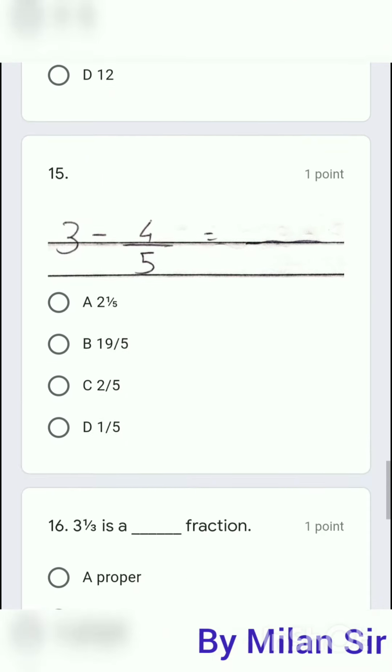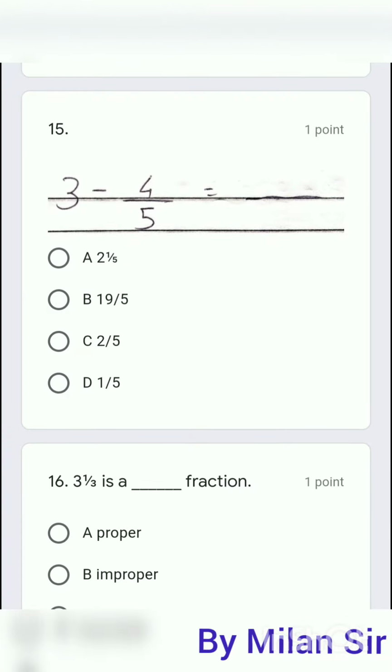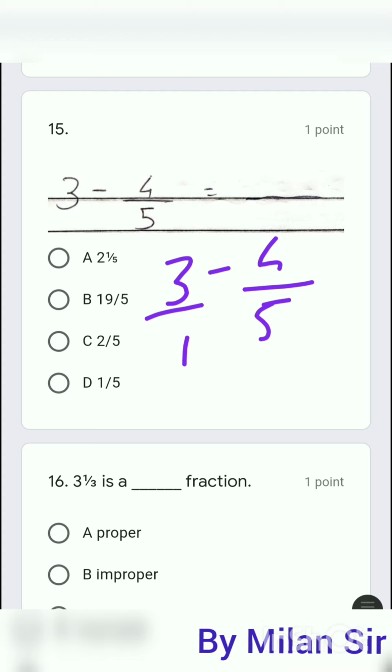After that, question number 15. Here 3 minus 4 by 5. So here we need to take the LCM, right? Nothing is there in the denominator for 3, so we can write 1.